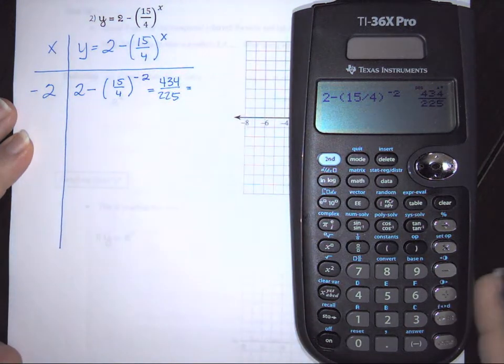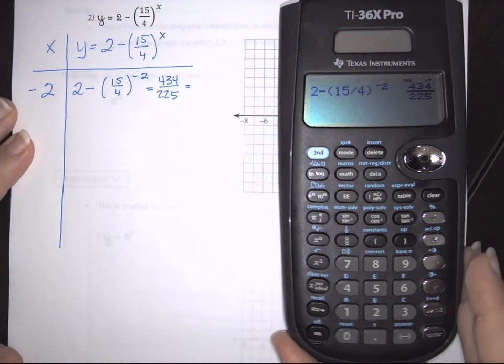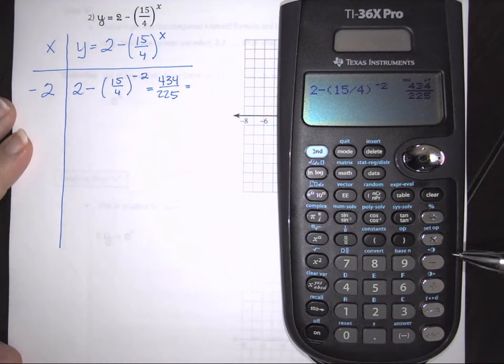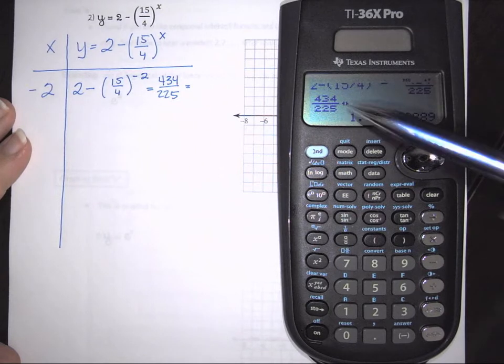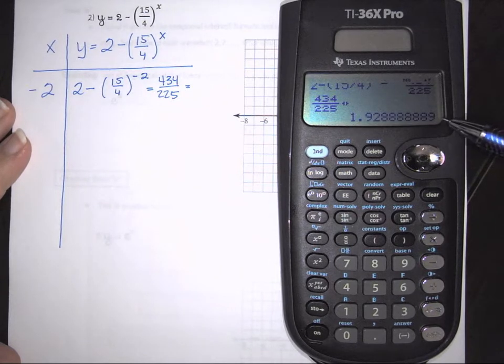Now I want to know kind of what that is as a decimal. So on my particular calculator, I have this button down here that goes from fraction to decimal and vice versa. And so I'm just going to go ahead and click that button, which then takes the fraction that was my answer and gives me the decimal.